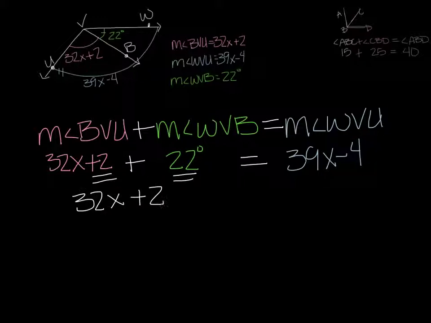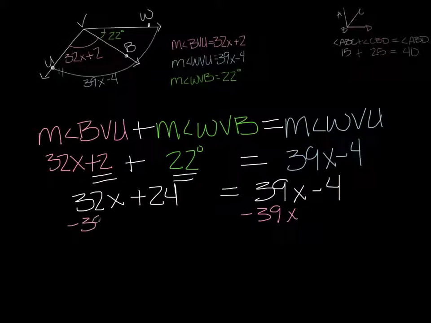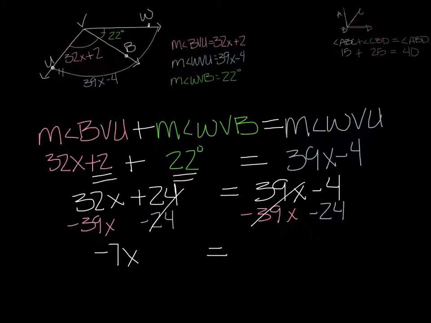32x plus 24 equals 39x minus 4. Let's subtract 39x from both sides and subtract 24 from both sides, allowing us to get our x terms to the left and our constant terms to the right. 32x minus 39x is a negative 7x. 24 minus itself cancels out. 39x minus itself cancels out, and negative 4 minus 24 is a negative 28.